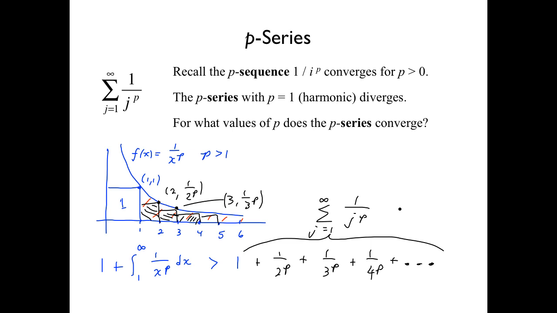It's less, right? So we know this converges. That's finite. What we learned before, right? Improper integral, 1 over x to the p, where p is greater than 1. That's bigger than this whole series. So if you have something that's less than a finite value, it has to be finite as well.